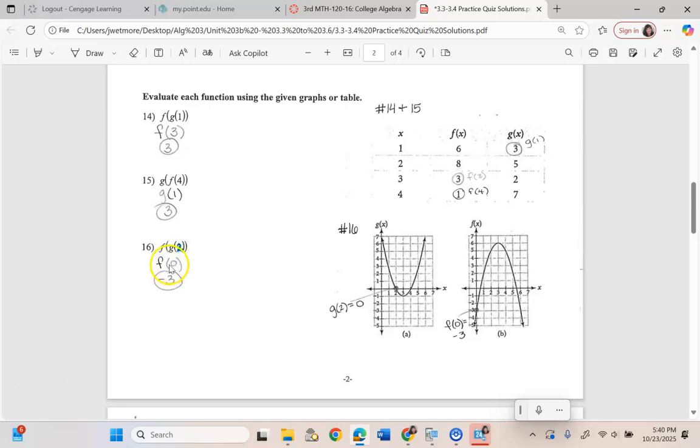So for f of 0, I'm saying when x is equal to 0, what's y? So come over here to the f function, and you can see that when x is equal to 0, that hits my graph right here at this point, (0, negative 3). So when x is 0, y is negative 3, so f of 0 is negative 3. And let's replace f of 0 with negative 3.